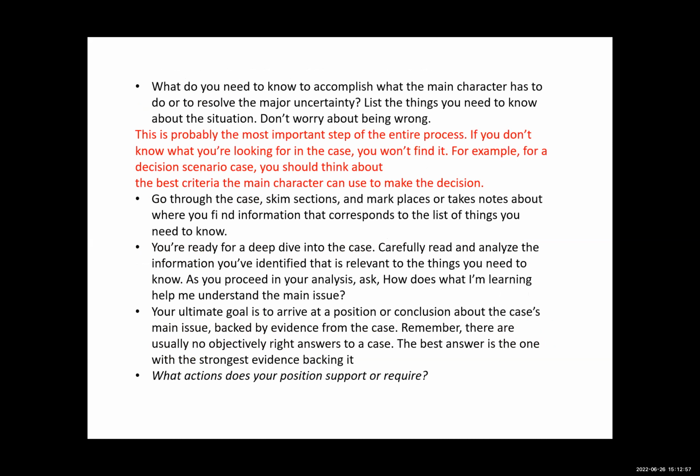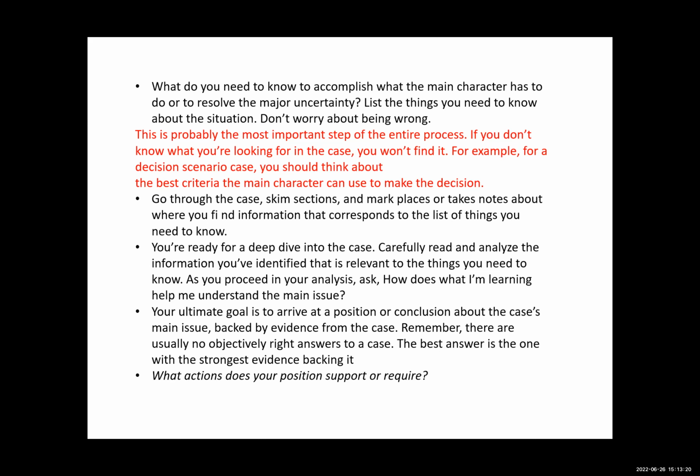Before delving deep into the case, ask what you need to know to accomplish what the main character has to do to resolve the uncertainty. Core scenario: what does the main character have to do, whether taking a decision or otherwise?